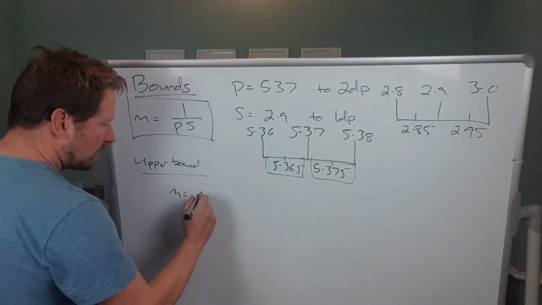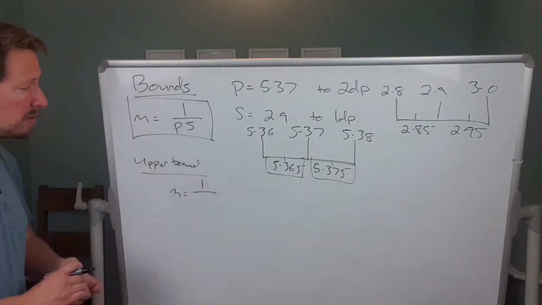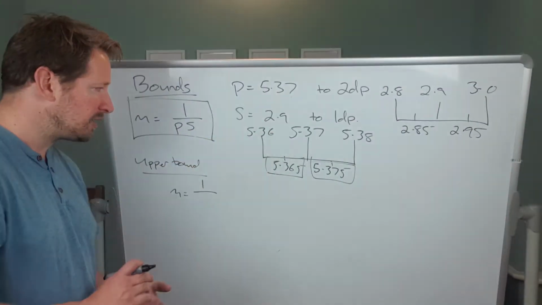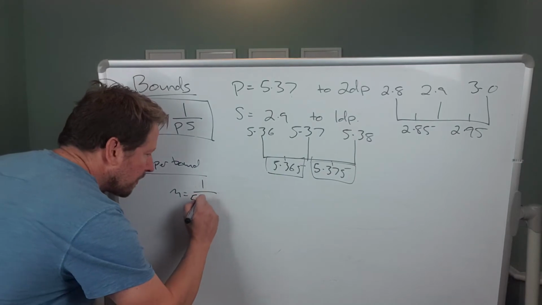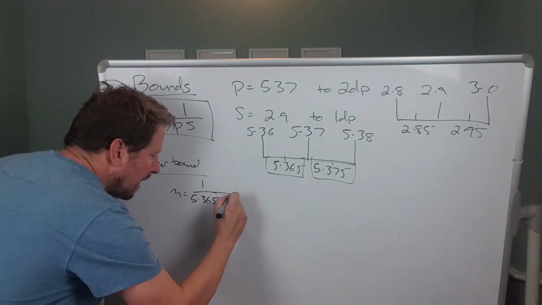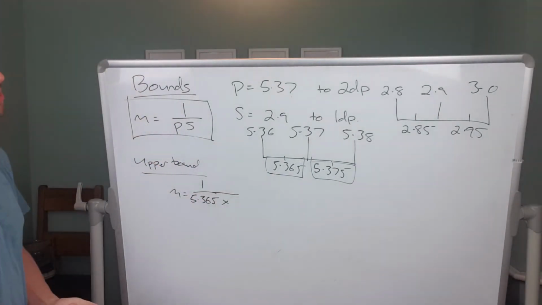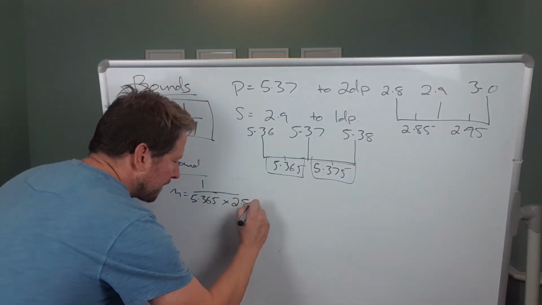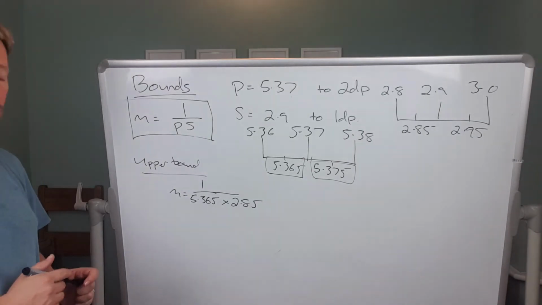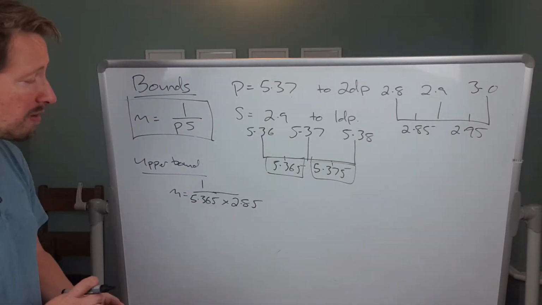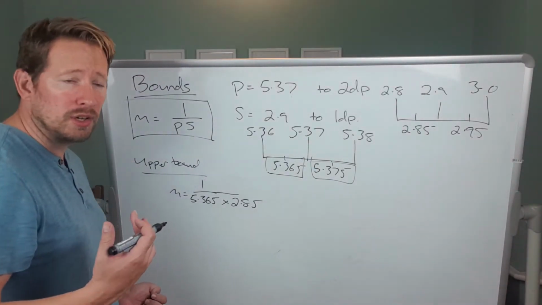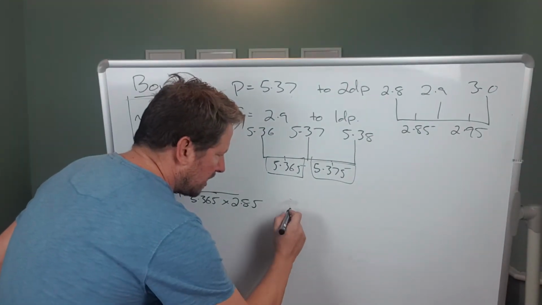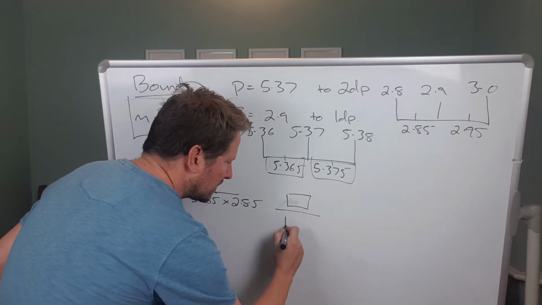So we've got M, which is 1 over. Now I want to make the bottom as small as possible. So the smallest that P can be is 5.365, and that's times by S. Now the smallest S can be is 2.85. So what you then do is you do that on your calculator. Now remember, to do this on your calculator, you've got to use the fraction button, which looks like this.